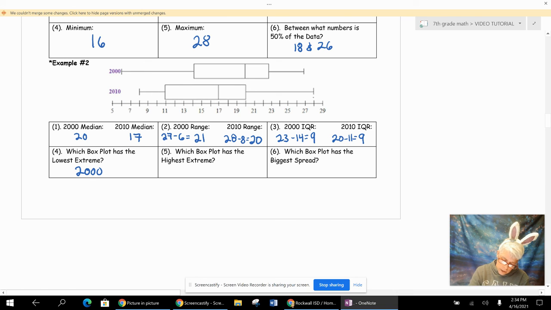The highest looks like 2010, which is out here at 28. And then the biggest spread. Well, we don't even have to do any work for that because we've already looked at the spread. The spread is the range. So if I look at the number 2 example or question, we put 2000 because it has a 21 as its spread. It's pretty easy stuff, right?